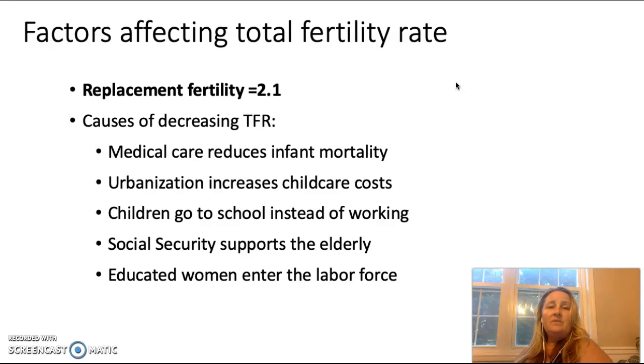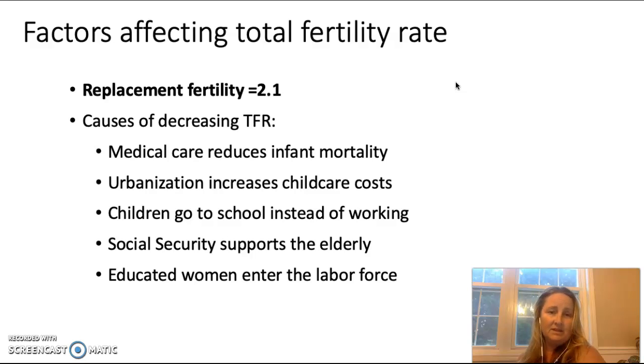And there are several ways that we can do that. And these are things that we see in a demographic transition model, and also things that we think about as remediation for high population. So for one, we have medical care for babies, and that reduces the number of children that die, meaning that people will not feel like they need to have as many children.